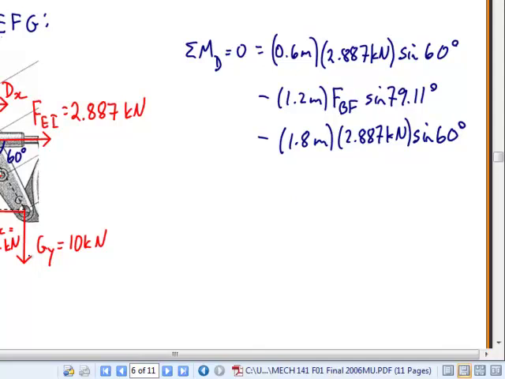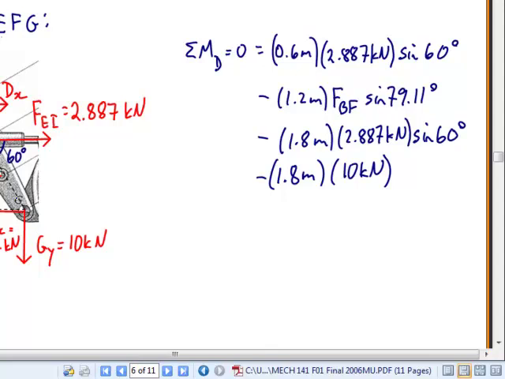And then FGY, positive or negative moment? Negative. The angle between, it's going to be 30 from this angle.